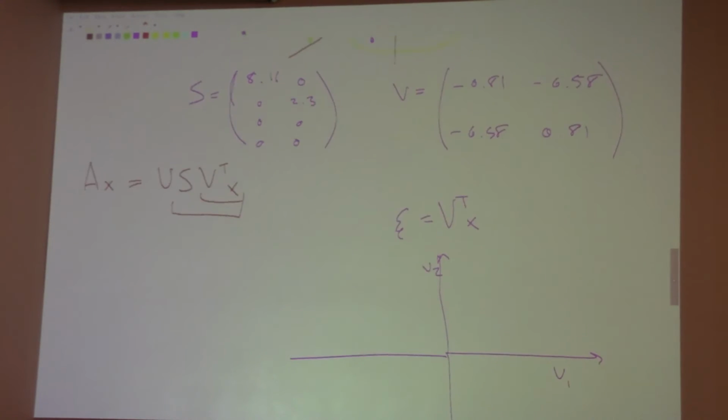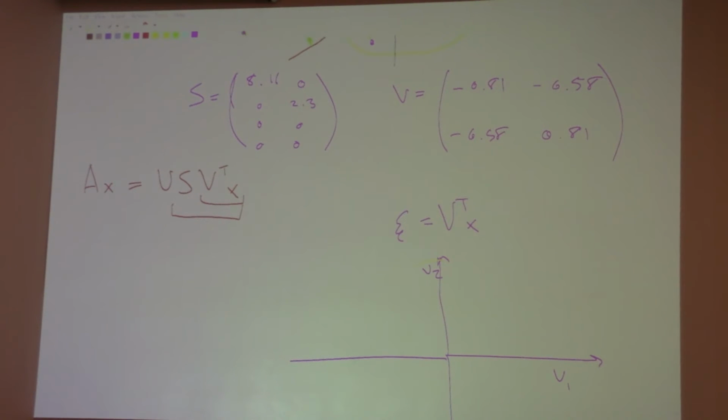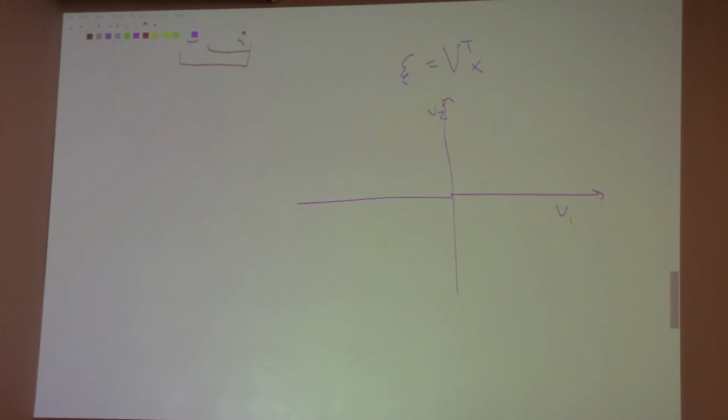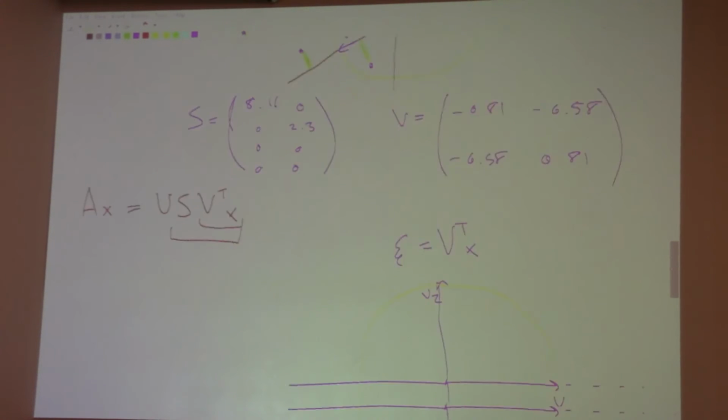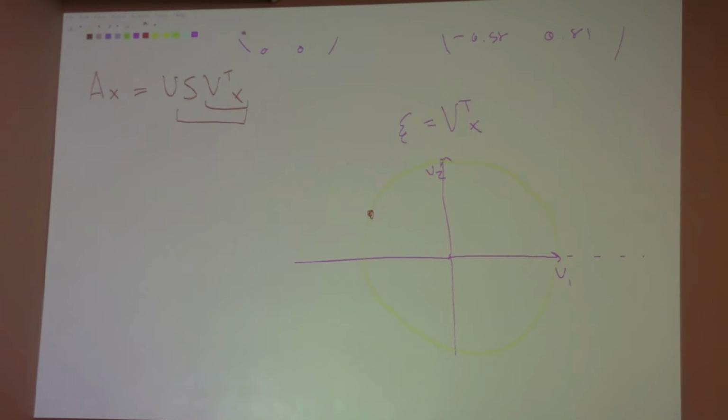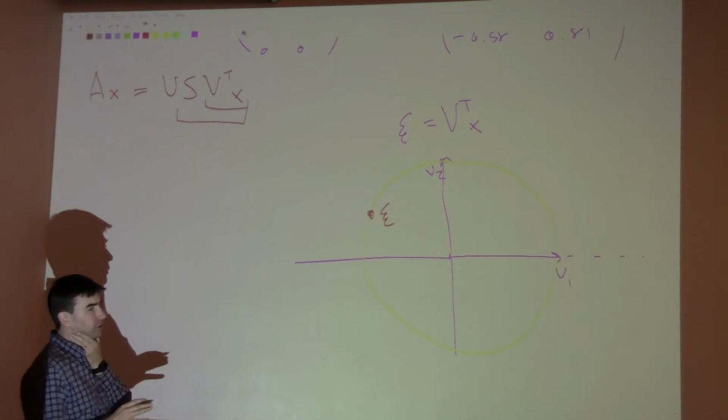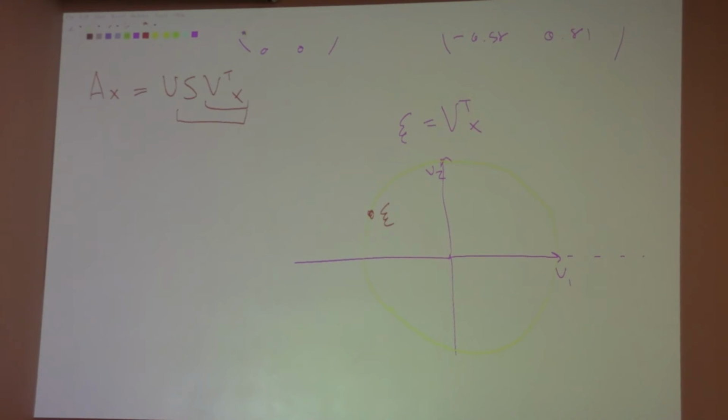That means that if I draw the same unit ball again here, V1 should have also only gone out to here. So now this point x is going to live, where is this going to live? It's going to live around out here. So this is x tilde, right? So it still lives on the unit ball. So it's still a unit vector, but I've written it in this new coordinate system defined by V1 and V2.